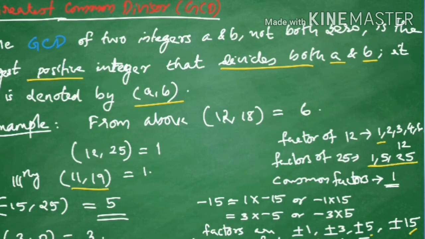So the common factors of minus 15 and 25 are 1 and 5. Among these the greatest one is 5. So the greatest common divisor of minus 15 and 25 is 5.